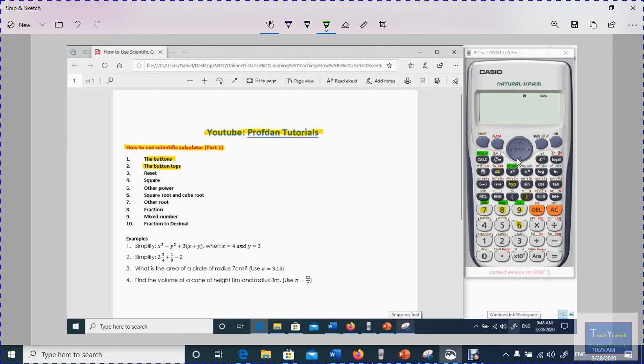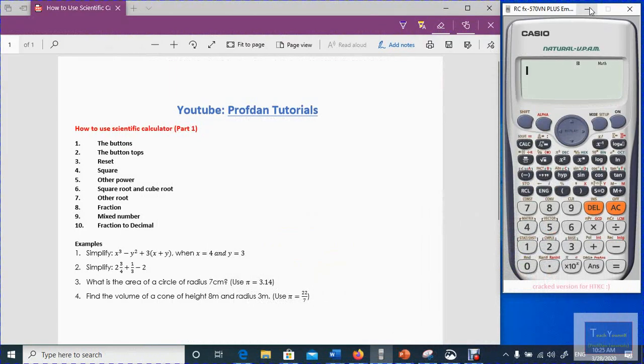First we look at reset. How do you reset your calculator? The essence of resetting your calculator is to be sure that your calculator is in the right format. Once you've put your calculator on, you press the button shift, and you come to this function clear.